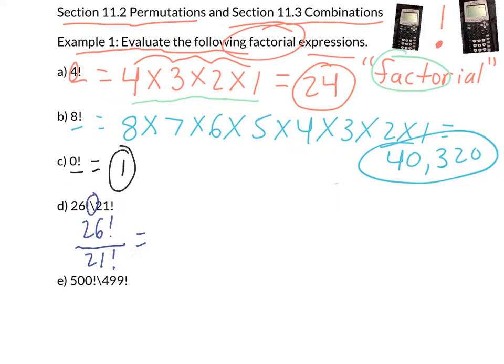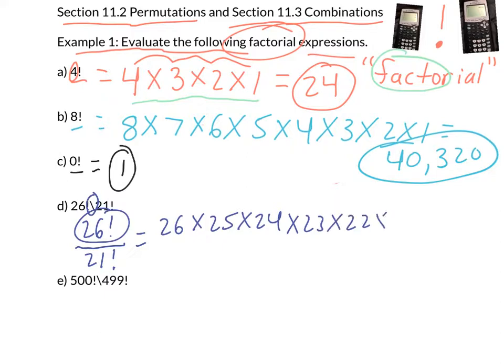So if I rewrite the 26 factorial that's on the top, that means 26 times 25 times 24 times 23 times 22 times 21 all the way down to 1. You would multiply all the way down to 1.